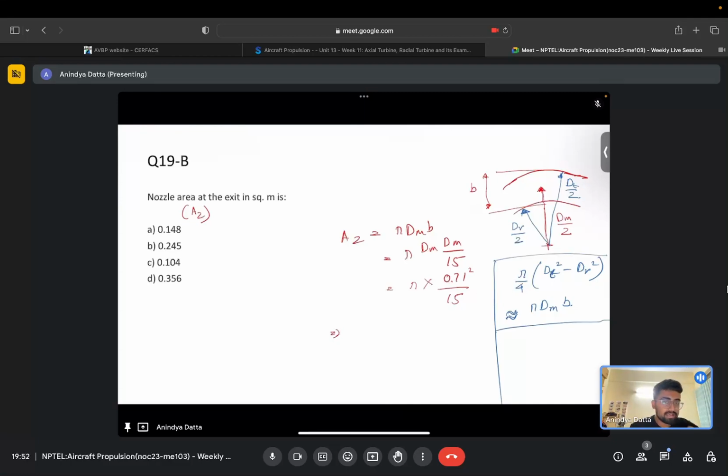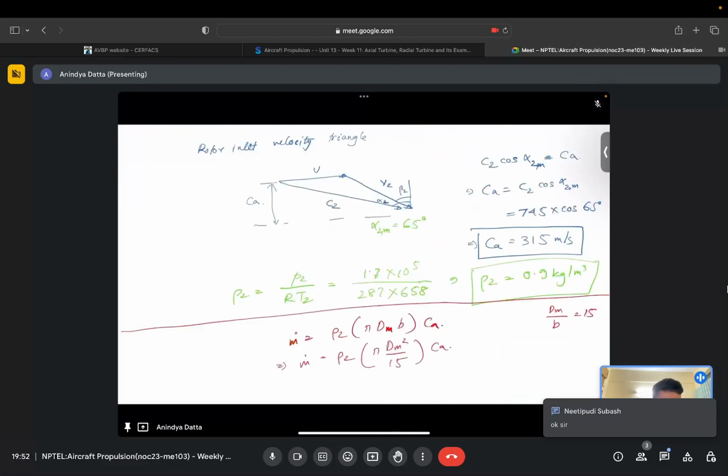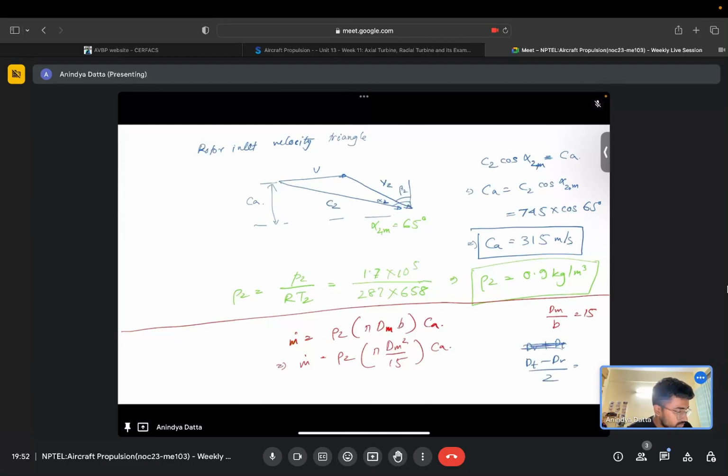So you take the mean circumference, the mean radius, and multiply it with the thickness. If you try doing the first part of the problem that way, taking dr and dm, another thing is that dt minus dr by 2 should be equal to b.